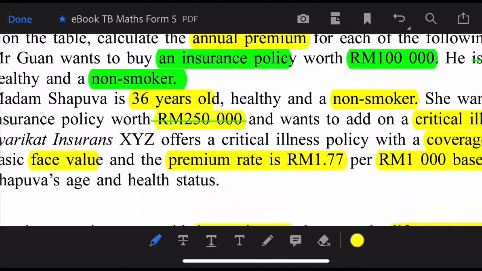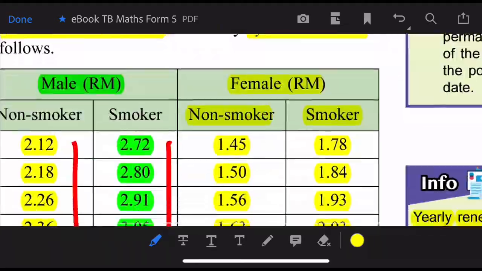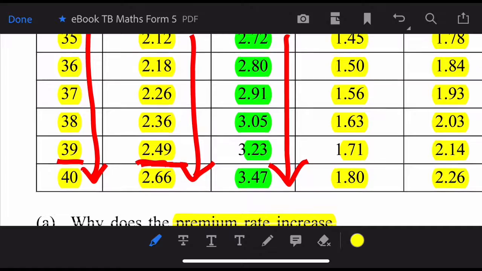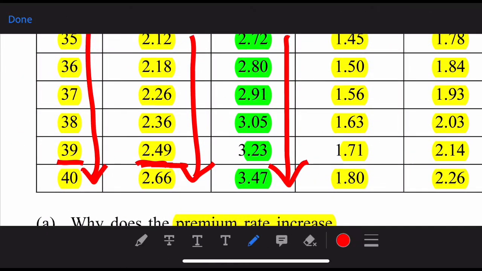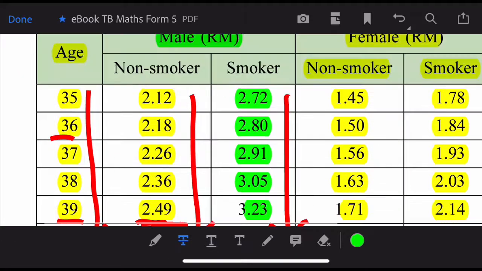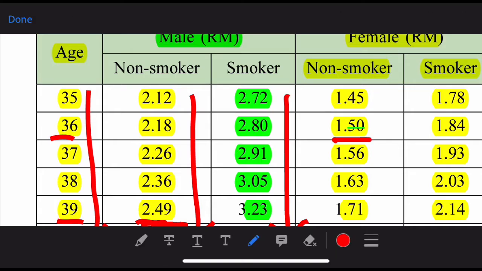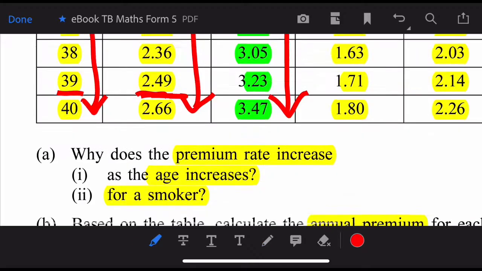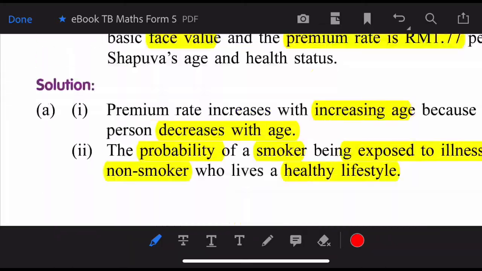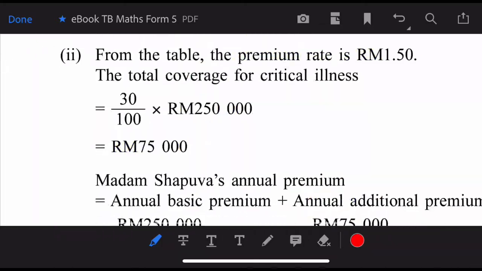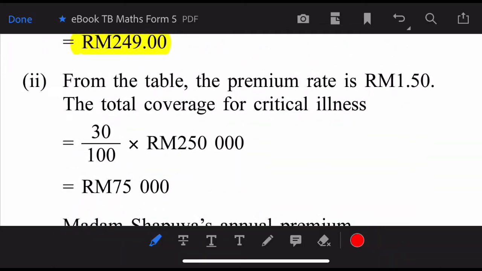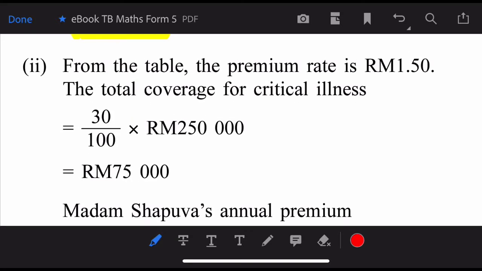So let's see, 36 years old, female, and non-smoker is 1.5. It's just 1.5 for the premium rate, as I highlighted just now.